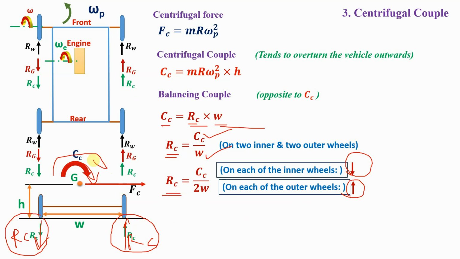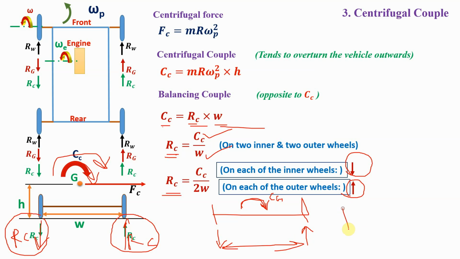opposite to this couple. You will remember one thing, if this is the rear view and this is the sense of couple, so this is the net gyroscopic torque, you will directly mark the reactions offered by the ground on the wheels opposite to this couple. So this will be upward and this will be downward. Couple is going this way, so you have to produce the reacting couple offered by the ground, and that will be produced by opposite forces.